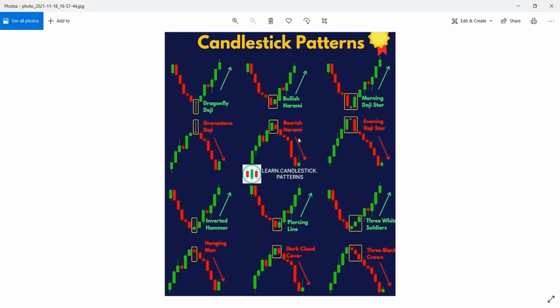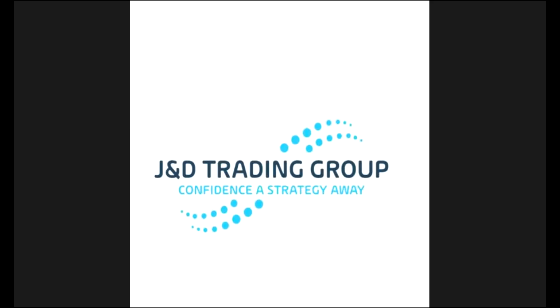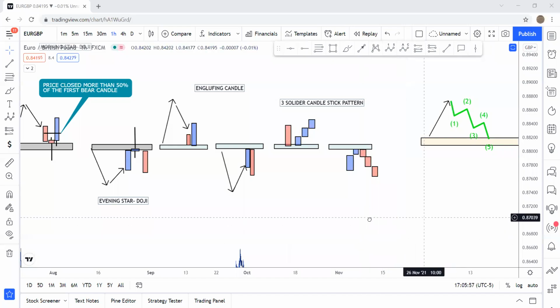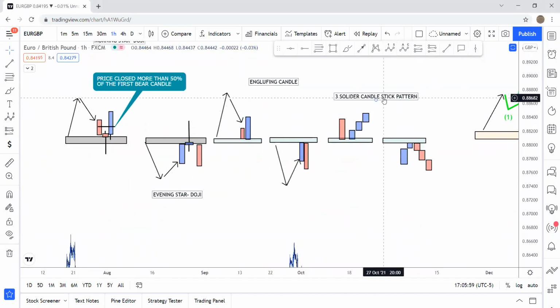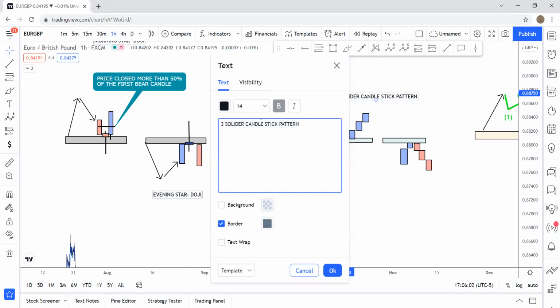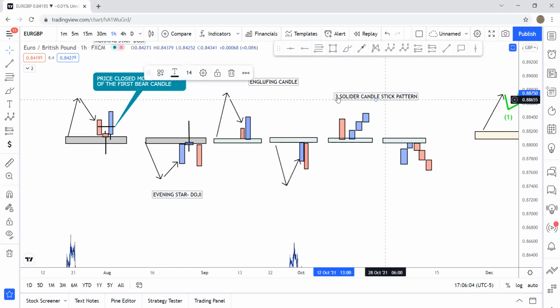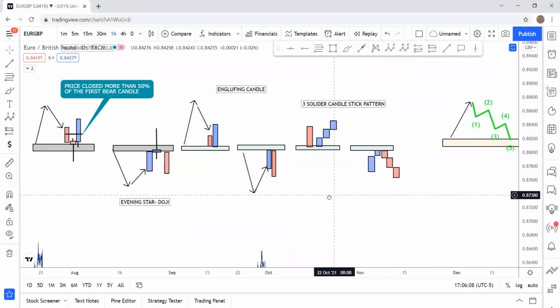So then we have different ones. They don't have engulfing candles on this one, but you have the other ones, right? So those are these three. These are the three candlestick patterns that I like when I'm looking at a break and retest.